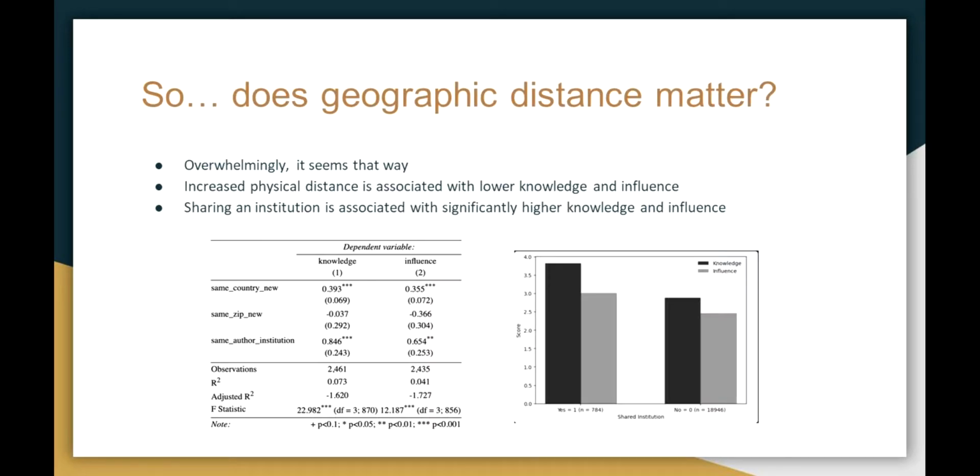Ultimately, we saw that geographic distance certainly matters. Increased physical distance was associated with lesser levels of knowledge and influence conferred, and that effect was especially pronounced when we looked at the binary variable of whether or not the papers were from the same institution.